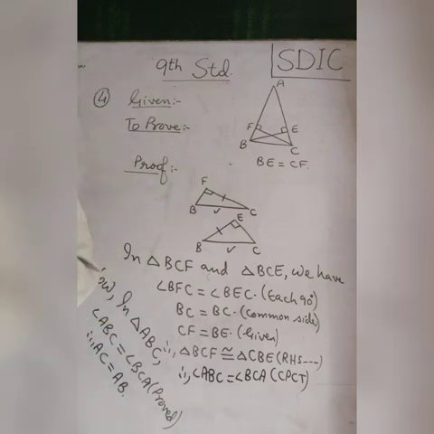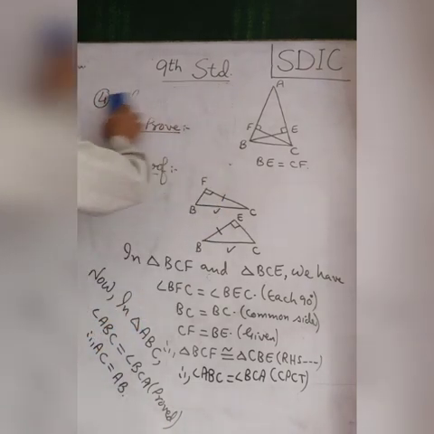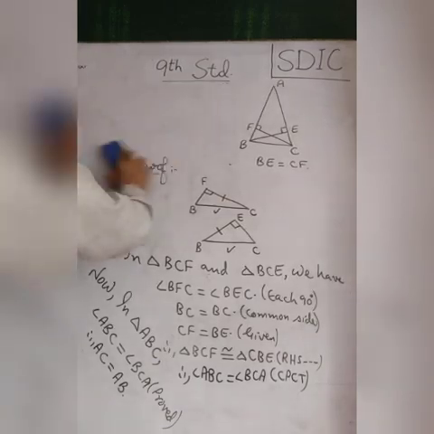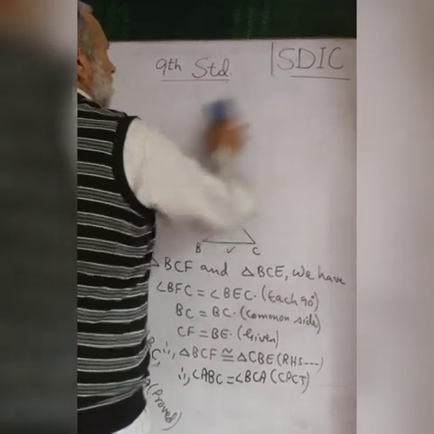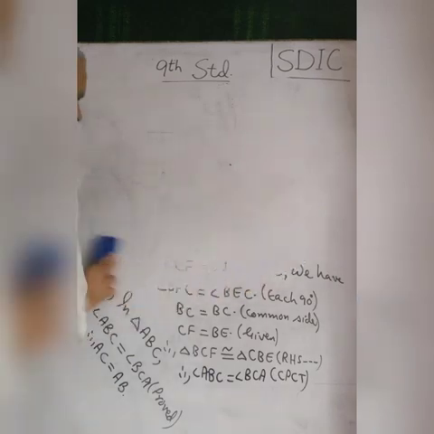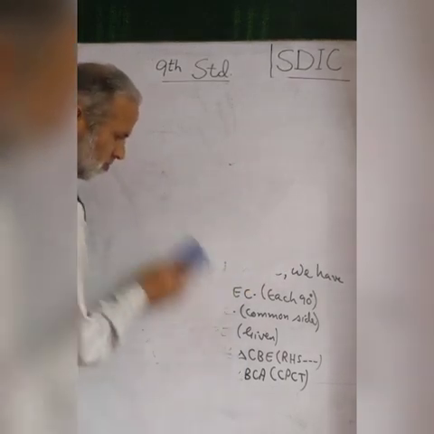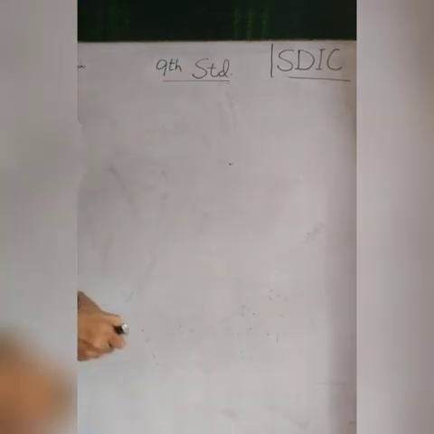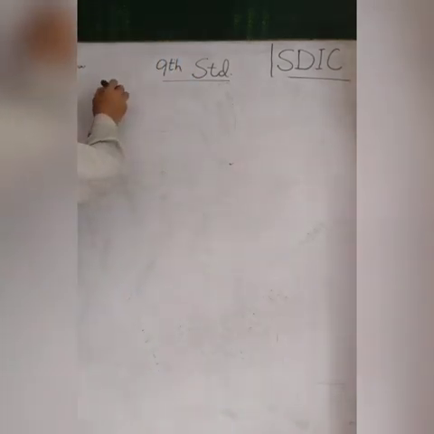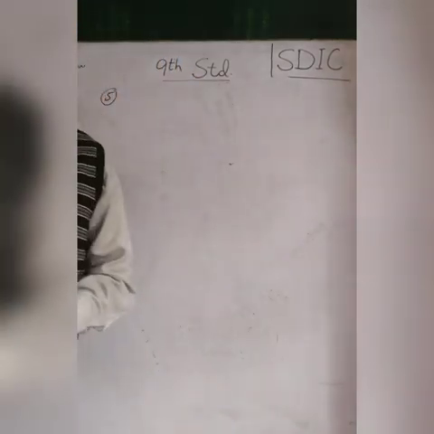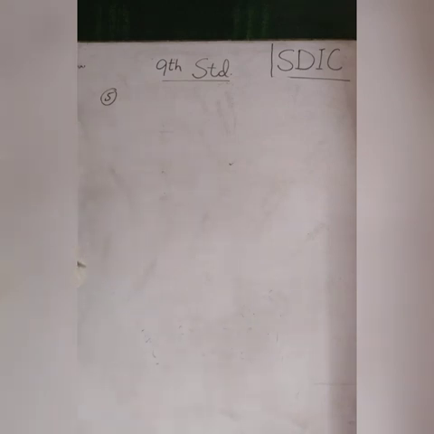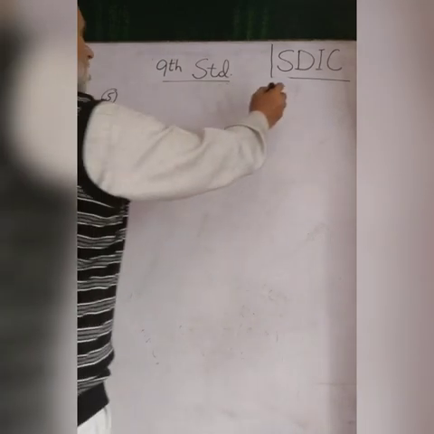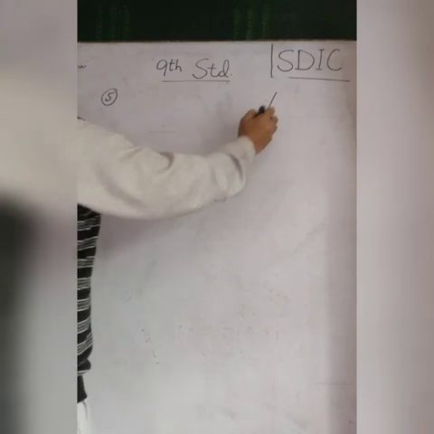Finally, the last question, question number 5 of this exercise. Let us complete this question also. This is a smaller one. Statement is ABC is an isosceles triangle. It is given to us that ABC is an isosceles triangle. Two sides are equal.